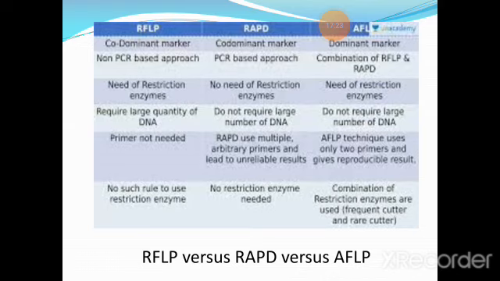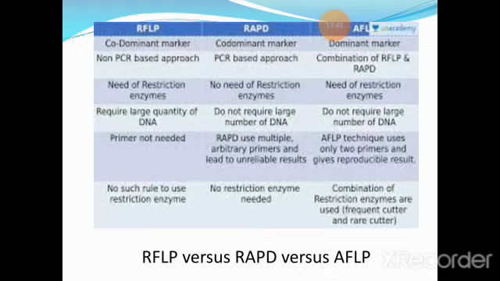RAPD, PCR based approach. AFLP, combination of both RFLP and RAPD. RFLP, there is need for restriction endonucleases. RAPD, no need of restriction endonucleases, whereas in AFLP, there is need of restriction endonucleases.